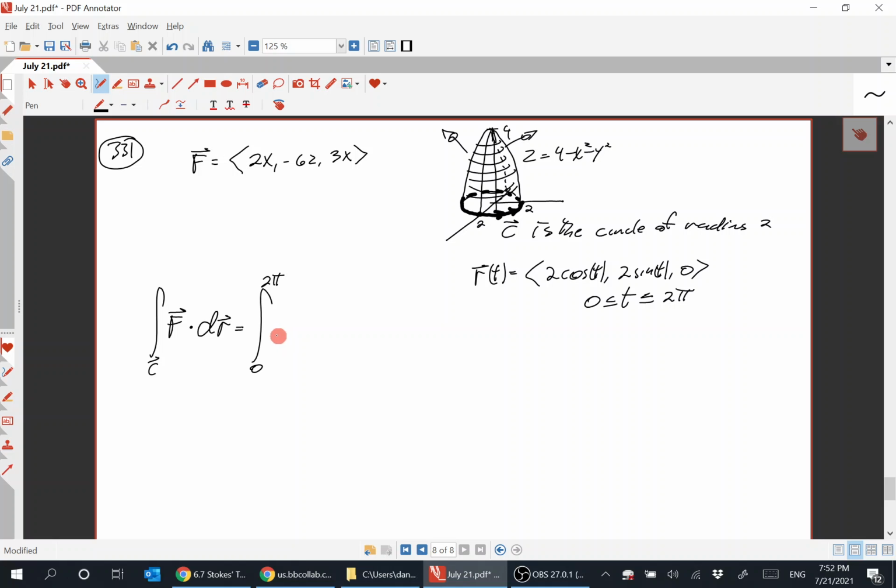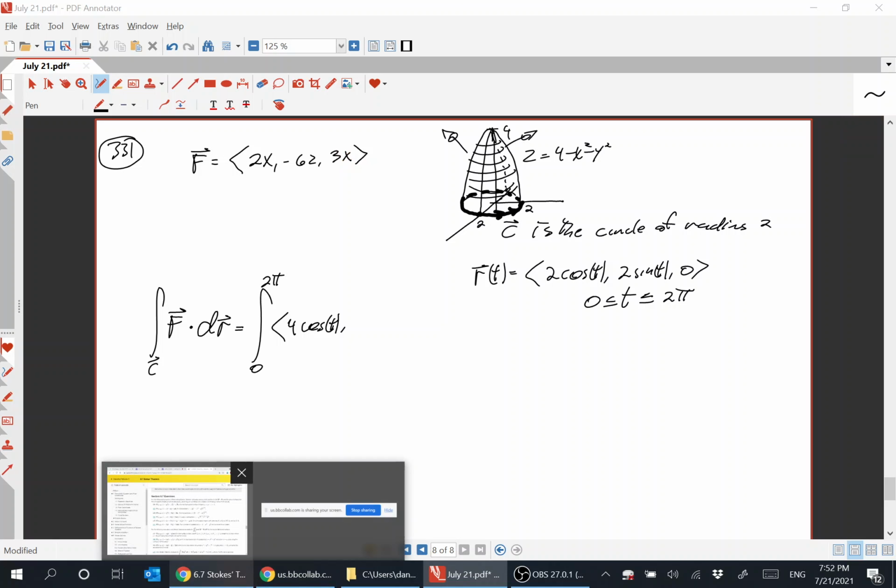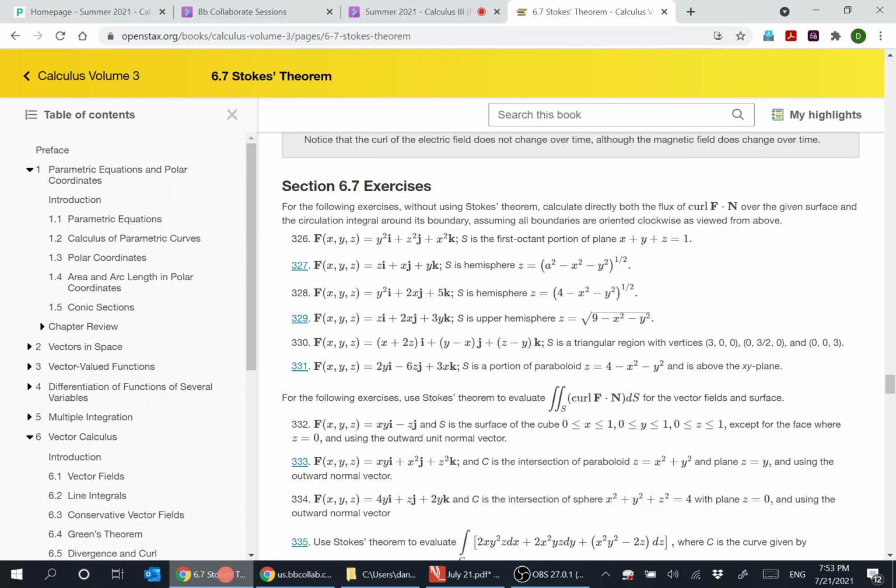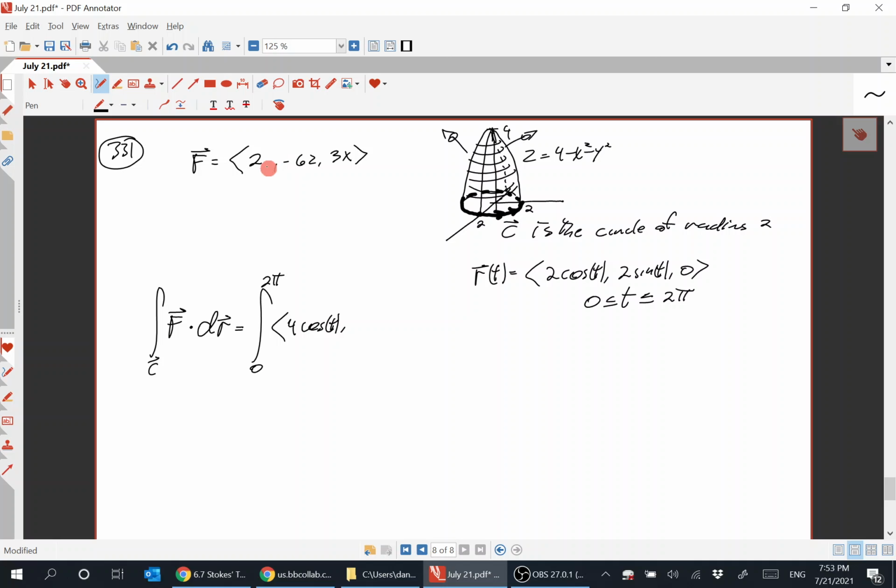F of r of t. So x is cosine, so this is 4 cosine t. Y is sine, 2x minus, that should be a y. 2y minus 6z and 3x.